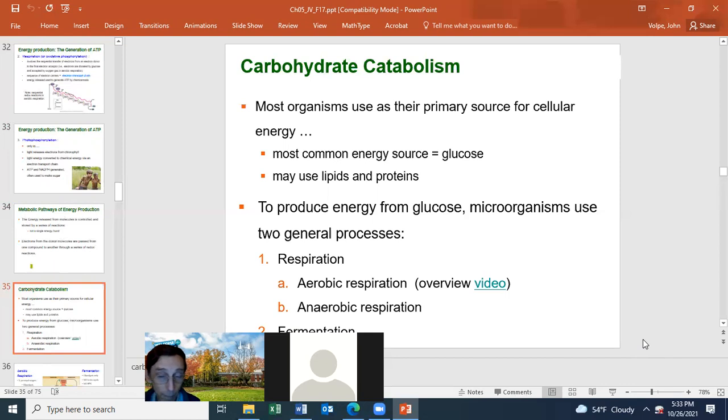So how do plants survive 3 months without any light? Anyone have a guess? Do they store it away maybe for later use? Yeah, what they do is they make glucose and other molecules, and then they store that. And then in the wintertime, when they have no light, they use carbohydrate catabolism to obtain their energy needs.